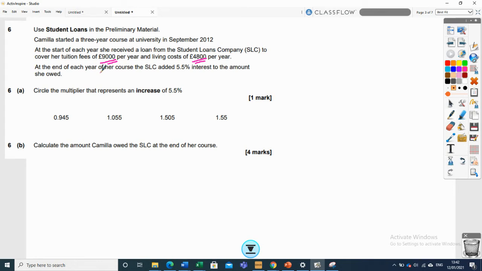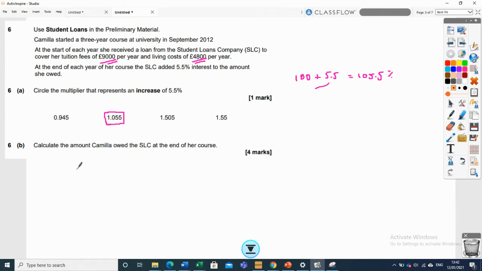At the end of each year of her course, SLC, the student loan company, added 5.5% interest to the amount that she owed. To calculate the multiplier to increase by 5.5%, 100 plus 5.5 equals 105.5 as a percentage, divided by 100 to get it as a decimal, and it's this one here.